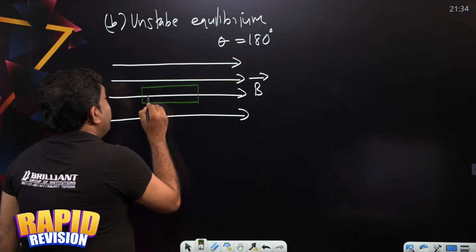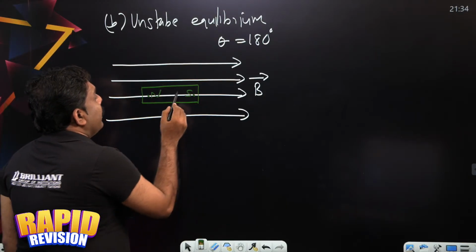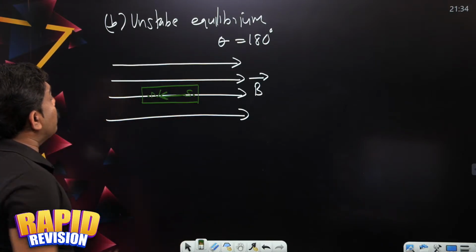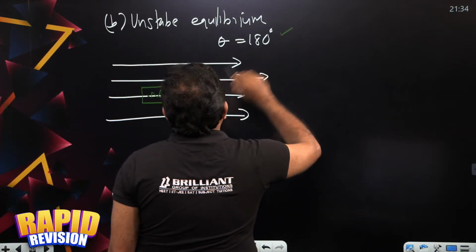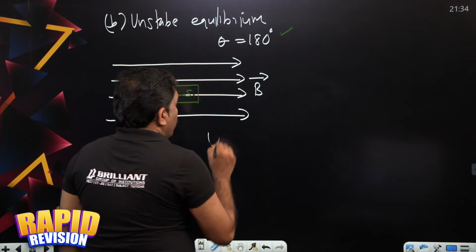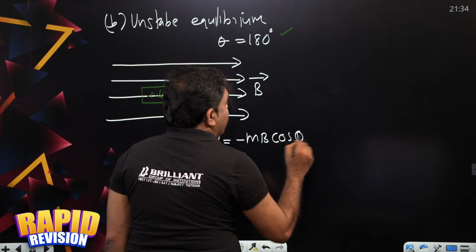So here we can say north and here we have the south pole of the magnet. So the dipole moment is directed like this. So we can say it's opposite to that, theta 180 degree, unstable equilibrium. The potential energy formula we already know. U equal to minus mB cos theta. Many got the answer right.